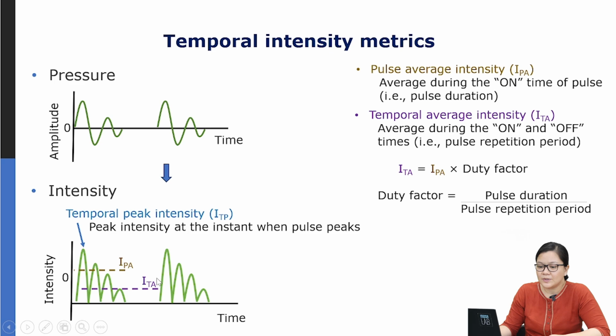So this value is typically much lower. Temporal average is much lower than the pulse average, and pulse average is much lower than the temporal peak. You can also relate the temporal average and the pulse average via the duty factor. In the previous lecture, we discussed what the duty factor is: the pulse duration, or the on time, divided by the pulse repetition period, which is the sum of the on and the off time.